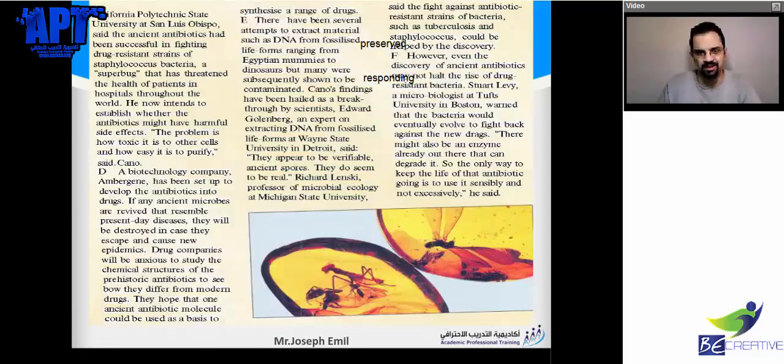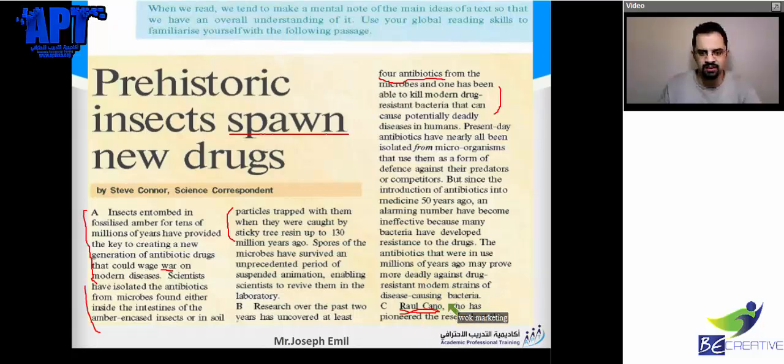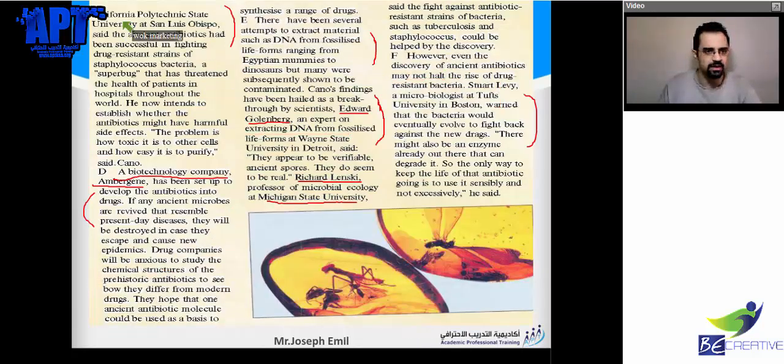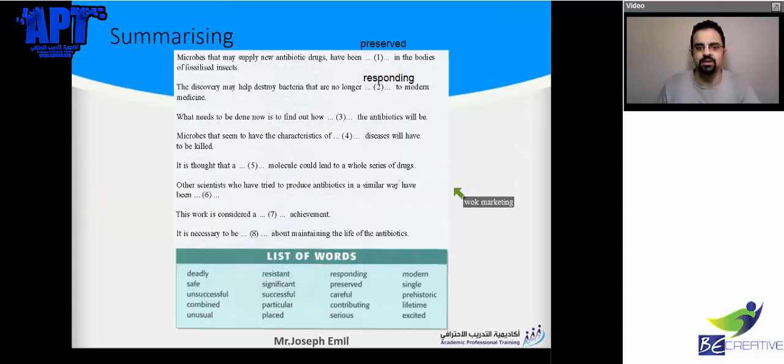This is definitely the answer, because as we have seen here, Cano pioneered the research and now intends to establish whether the antibiotics might have harmful side effects. Does it have harmful side effects? Yes, no, maybe. If so, how safe? Again, let's continue seeing if there are any other answers. Resistant, significant, successful, responding, preserved, careful, no. So the answer here is safe.